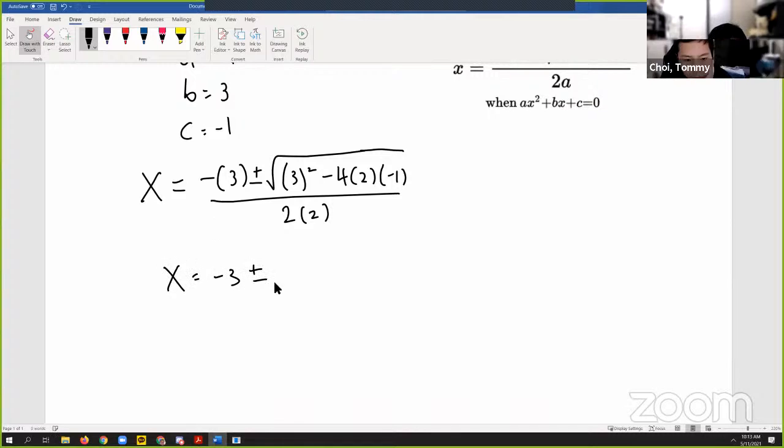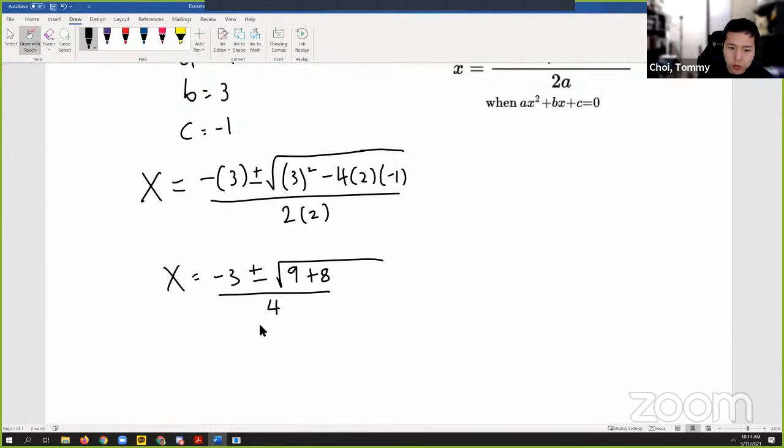Negative 3 plus or minus the square root of 3 squared, which is 9, minus negative 4 times 2 times negative 1 gives me positive 8, all divided by 4, because 2 times 2 is 4. That gives us x is equal to negative 3 plus or minus the square root of 17, all divided by 4. Nice and easy there.